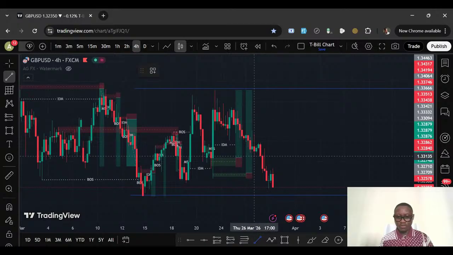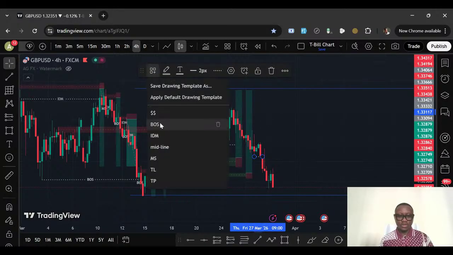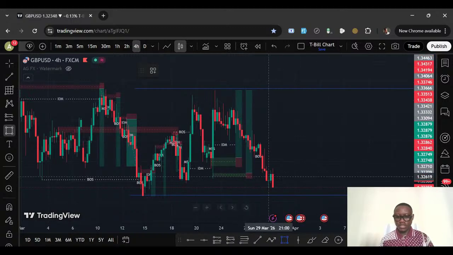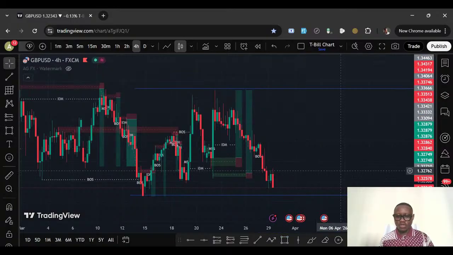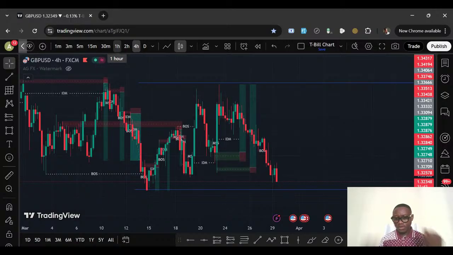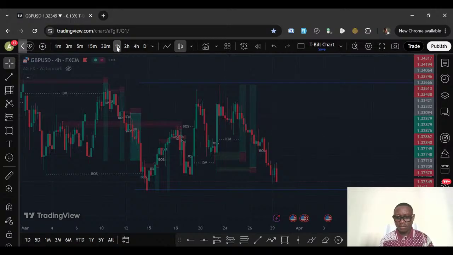We have a break of structure right here, the BOS. And we have this other block right here, which price has tapped into. So let's drill down to the 1H time frame, which is our entry time frame, to identify other price action and market structure.